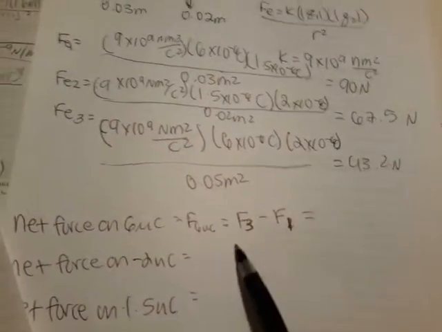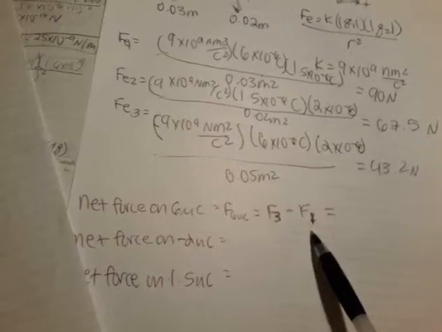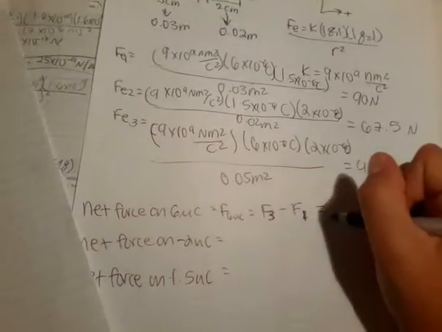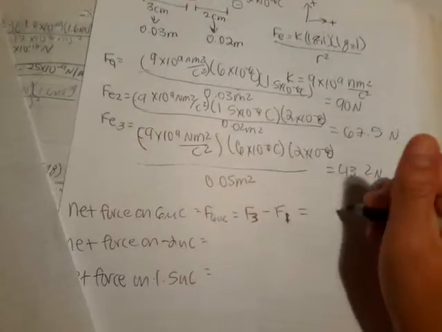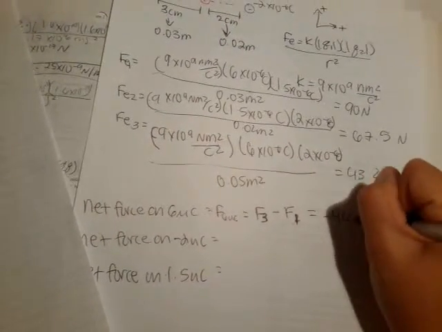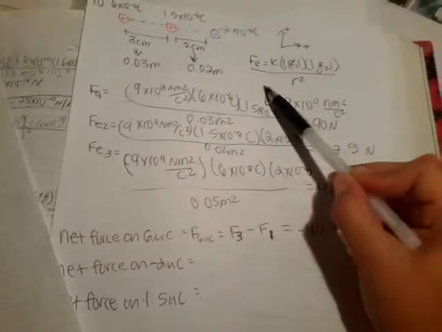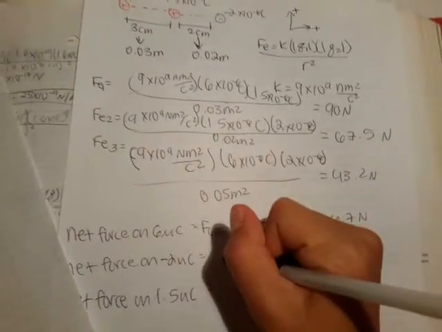It's actually going to be F3 minus F1, so that's 43.2 minus 90, and you get around negative 46.7 newtons. You know it's negative because the total force is going left.